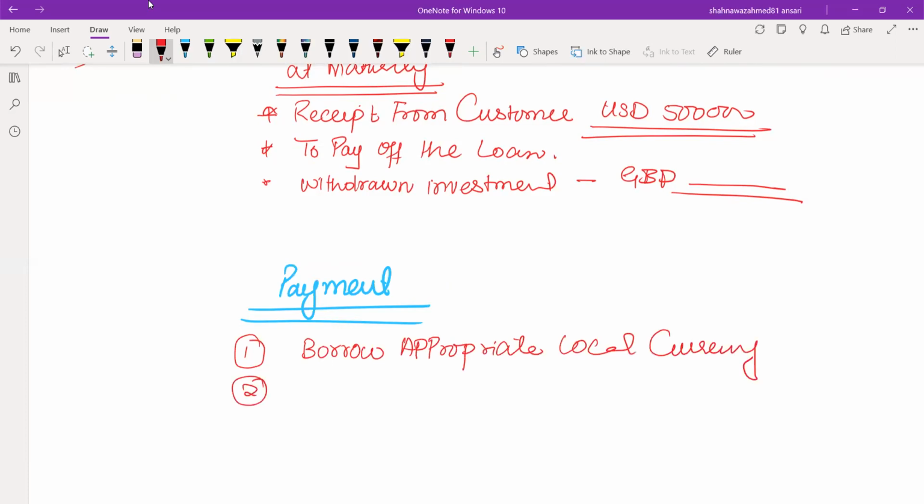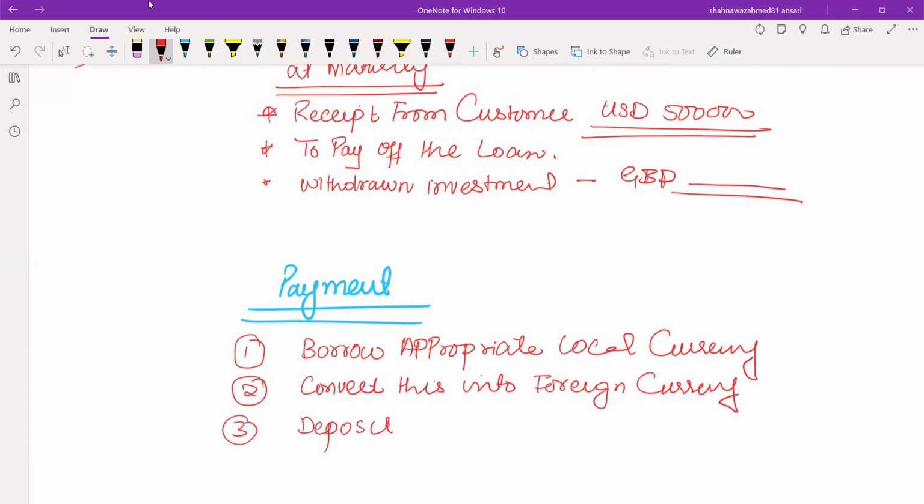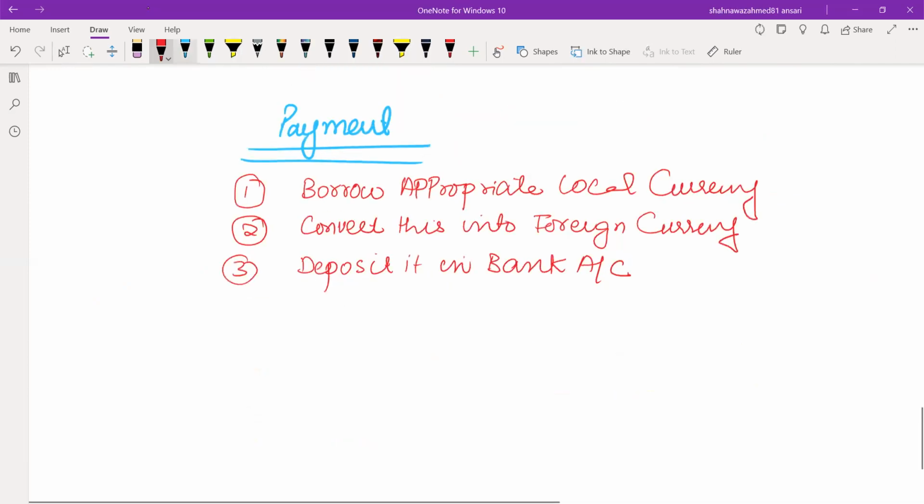And then convert this into foreign currency immediately using the spot rate. And then deposit this foreign currency amount in a foreign currency bank account. A similar process, but in the reverse direction.